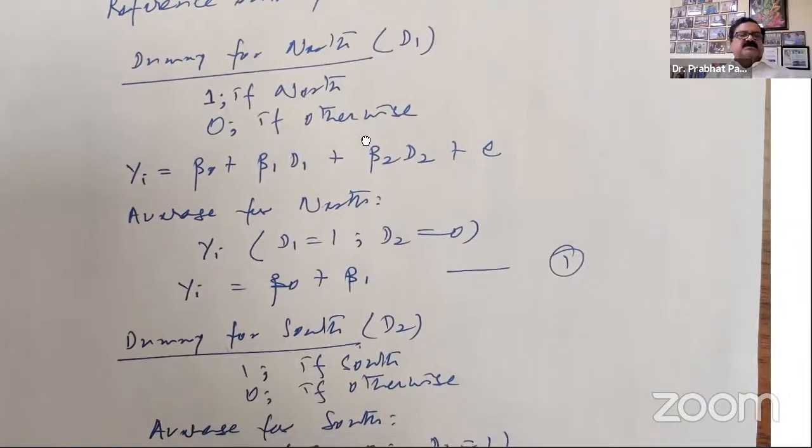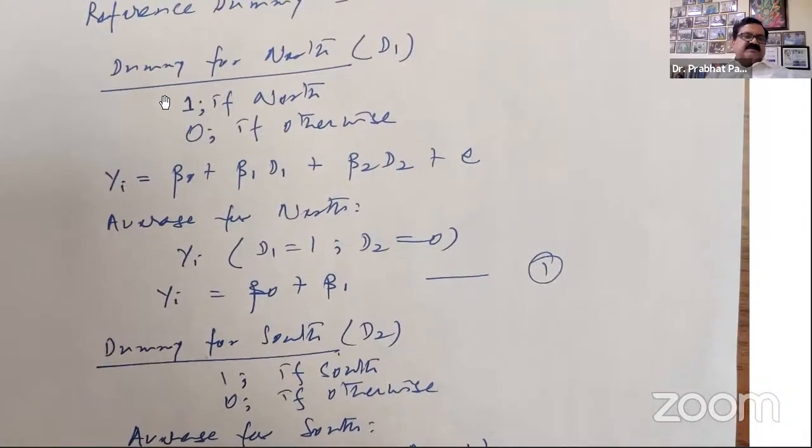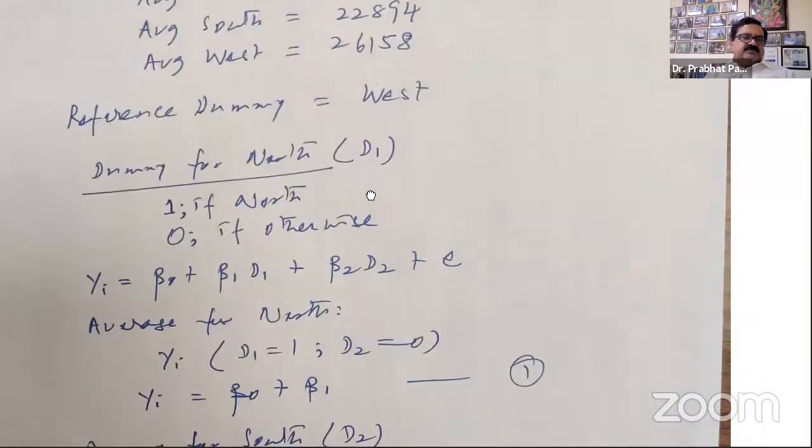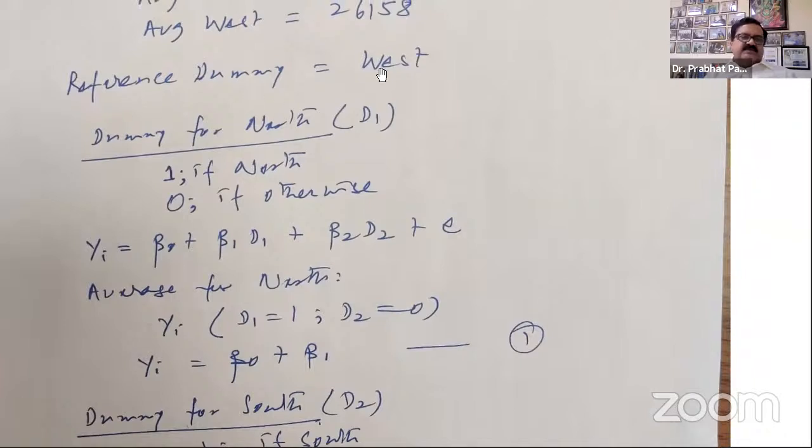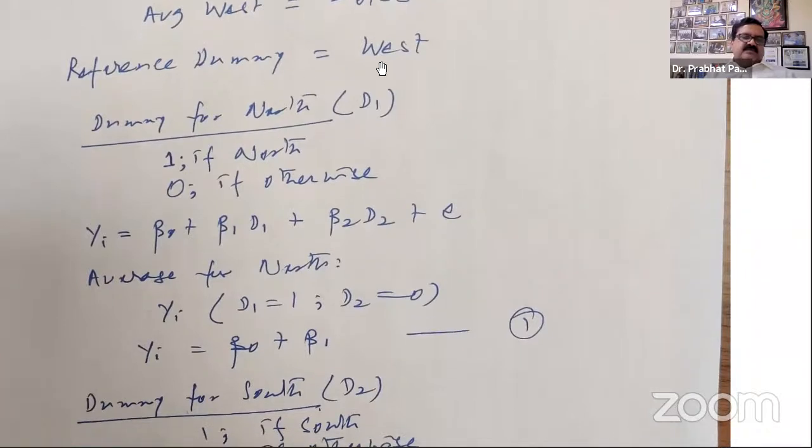So here, the process of dummy creation is like this. We have taken, let's say, north, south, and west. We have taken west as the reference dummy, right? So if west is my reference dummy, I'm going to compare west with the other regions.